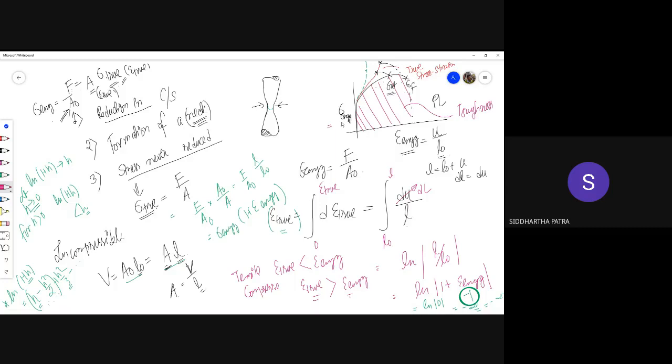The reason I know that is because you see, this is F by A0. So this area under the curve is the integration of sigma d epsilon, which basically means 1 by A0 L0, the original volume, times the integration of F du.